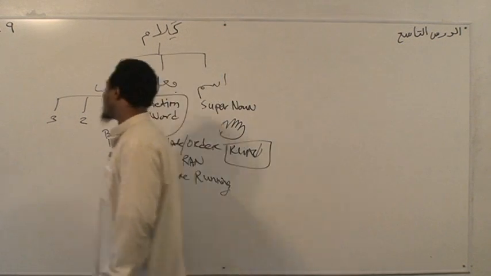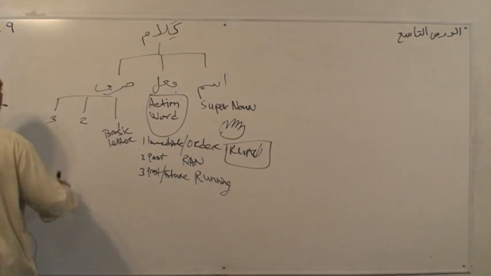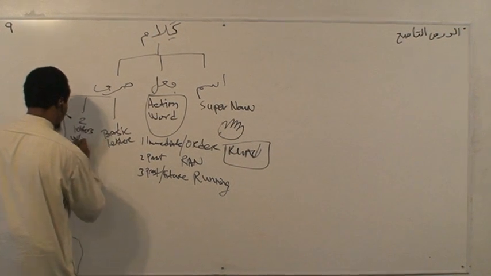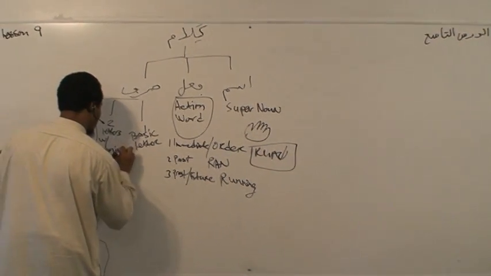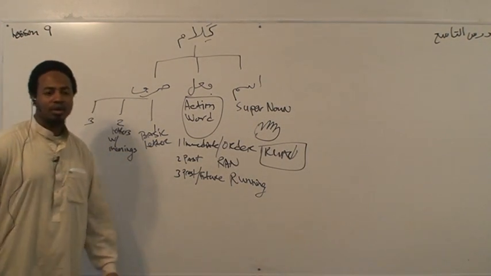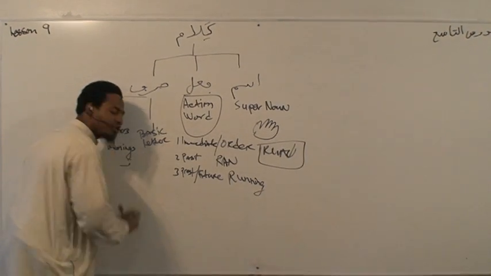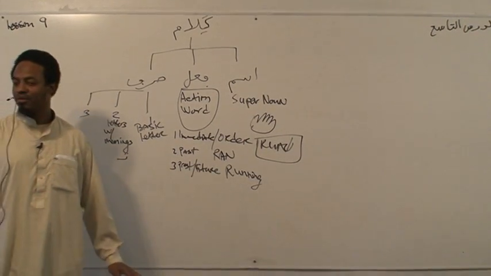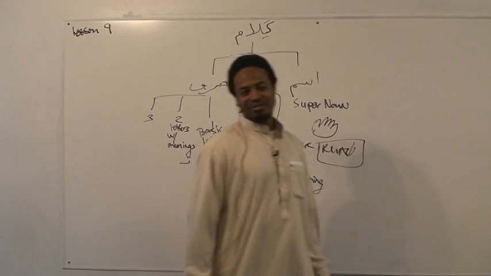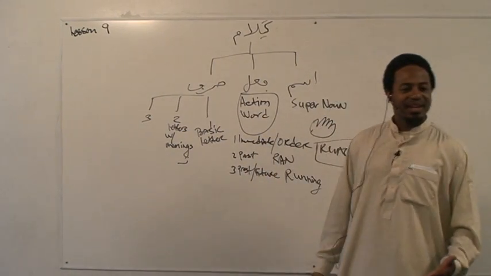What's the second type of harf? Letters with meanings. Give me an example. What do you mean? Like ta in front of a word, meaning you, right? Or ta at the end of the word, meaning you. Okay? Either way.